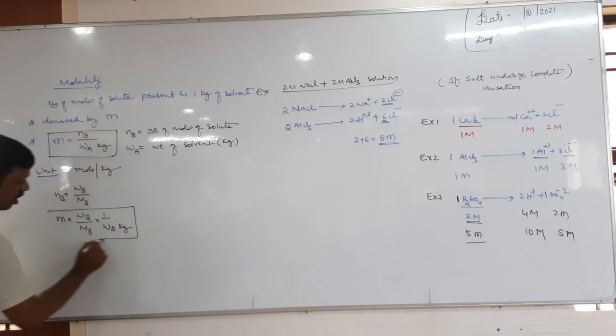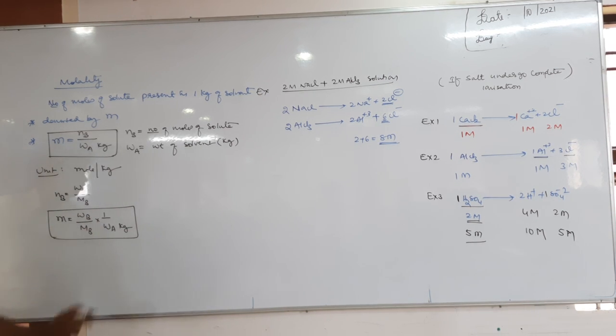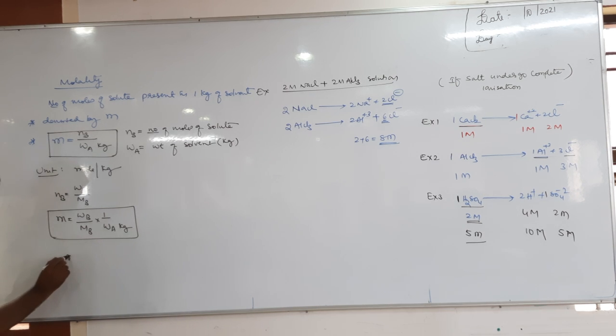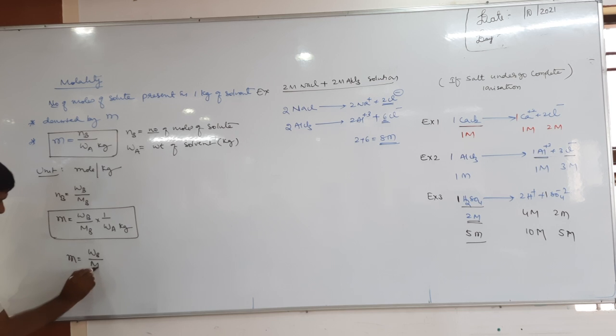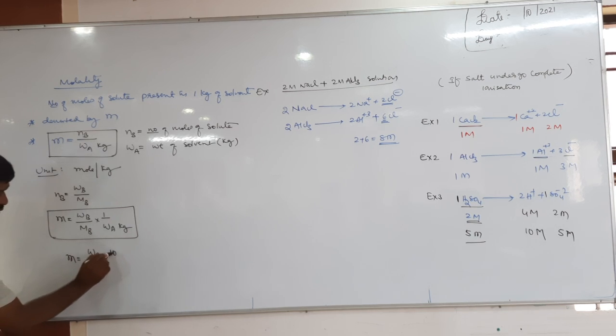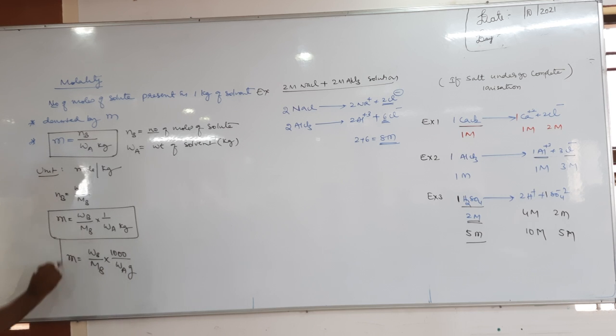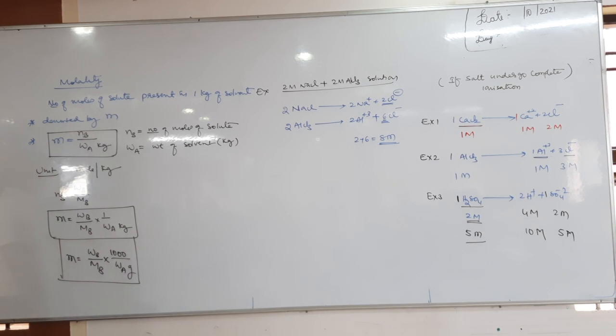But WA, the weight of the solvent, can be taken in grams, so converting kilogram into gram, it should be multiplied with 1000. Therefore molality is also equal to WB by MB into 1000 divided by WA in grams. This formula is very, very important for calculation of molality.